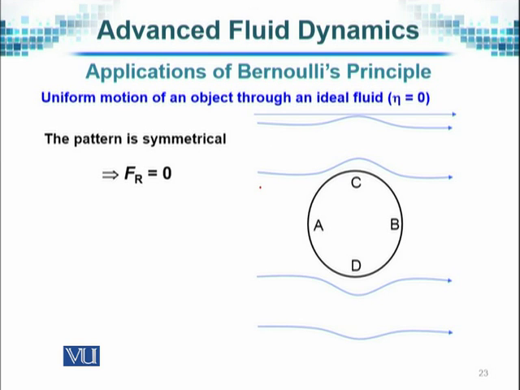In uniform motion through an ideal fluid, again the problem is that no fluid is ideal, but if we assume for a moment that there is an ideal fluid where viscosity or coefficient of viscosity is 0, the pattern is symmetrical, and the body remains as it is, and the fluid will pass through it, and the streams will be passing smoothly without any hazard, no distortion in the streamline and so on.